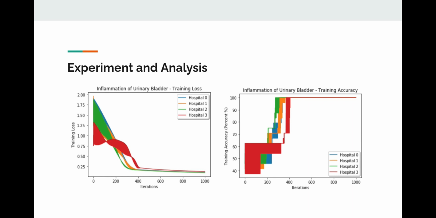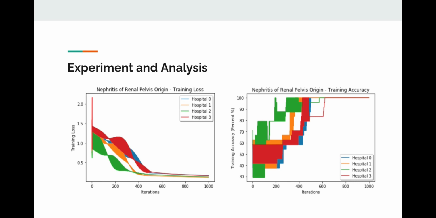The training losses for urinary bladder inflammation detection were 0.1142, 0.1082, 0.1058, and 0.1345 for the respective clients, while the training loss for nephritis detection was 0.1740, 0.1225, 0.1375, and 0.1675 for each of the hospitals. And the figures illustrate our model training accuracy and training losses.